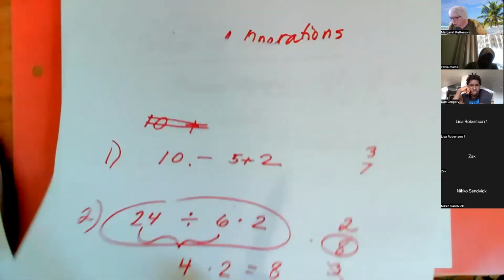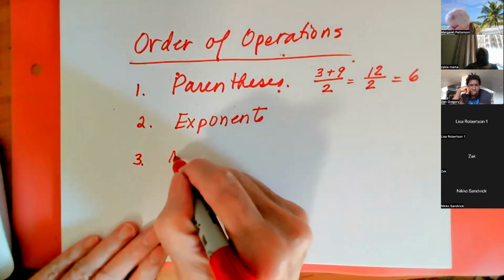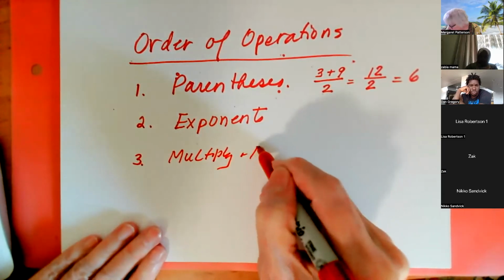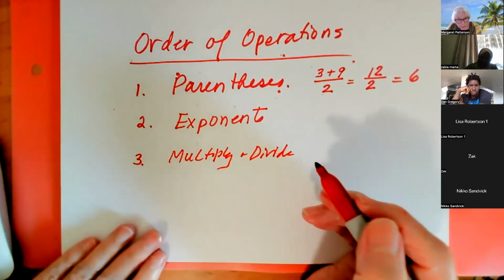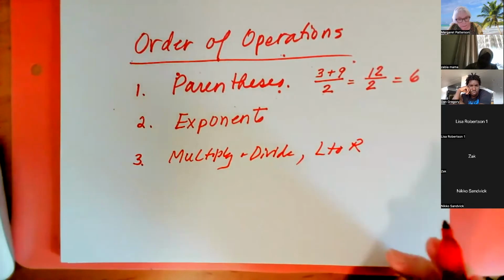And so on our list, I'm going to put multiply and divide. But if they're back to back, you go left to right. So in our case, the division happened to be first, and so I did the division first and then the multiply second.